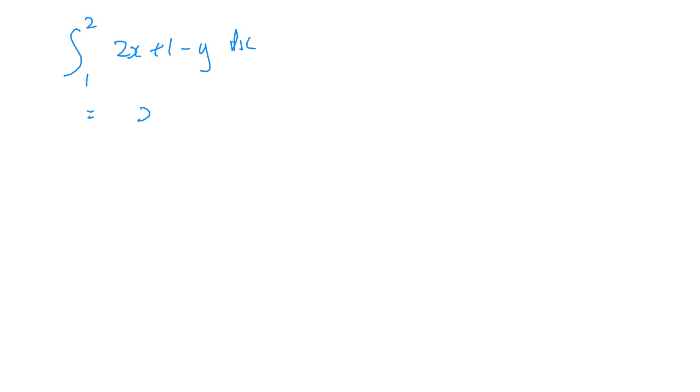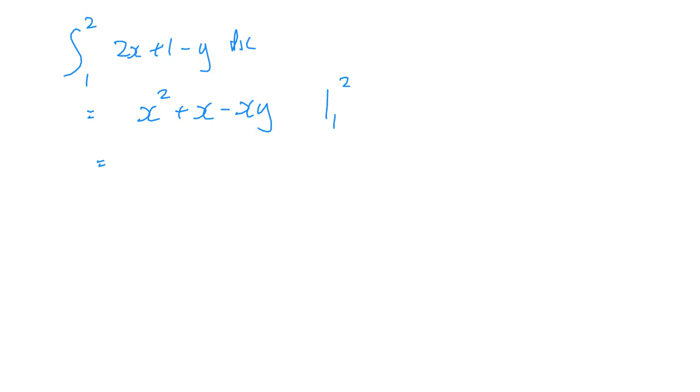If I integrate this with respect to x, I've got x squared plus x minus xy between 1 and 2. Is the 1 and 2 still in row set? Yes, whatever you've integrated with respect to, they are representative of that.